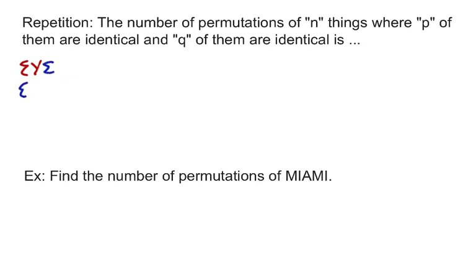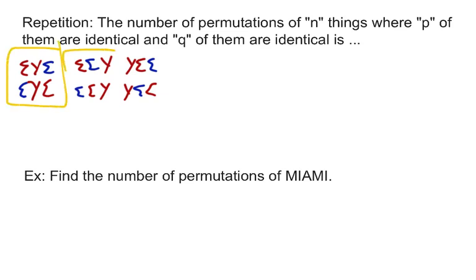Because the other way that we could do it is E, Y, E, or we could have the Y come first, Y, E, E. And without those colors, without the red and the blue, both of these permutations look exactly the same.